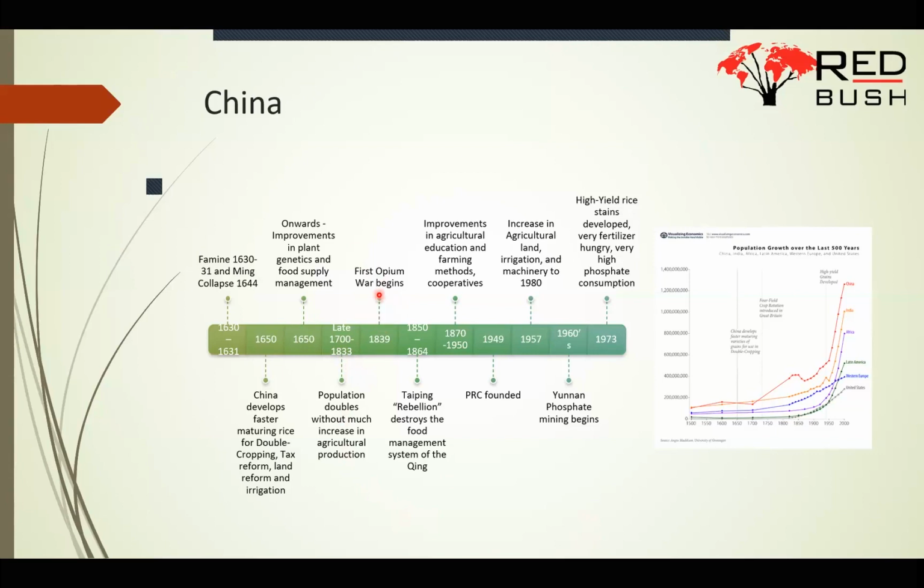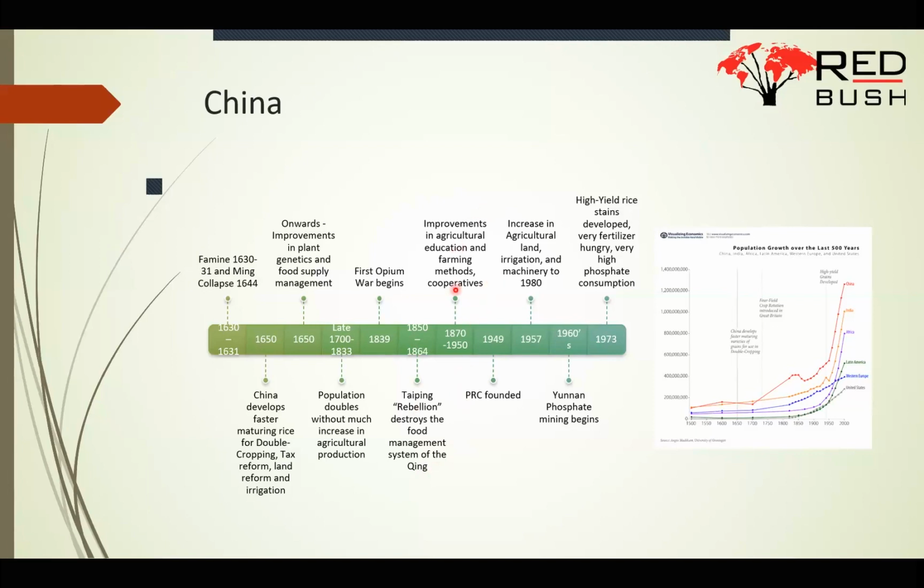That doesn't help the problem, and the Taiping Rebellion eventually happens in the mid-1800s, destroys the food management system in China. So we're not having a lot of fertilizer use here because the agricultural system is just not functioning properly anymore. After the Taiping Rebellion, the Qing Dynasty does make a lot of improvements in agriculture and farming methods.